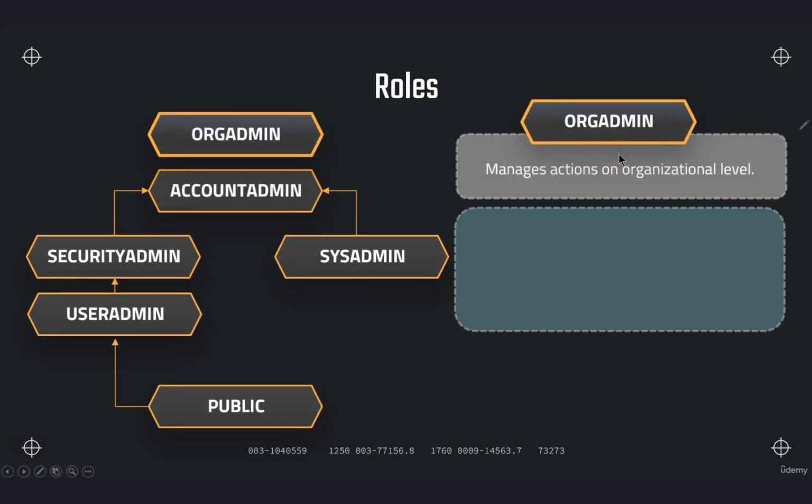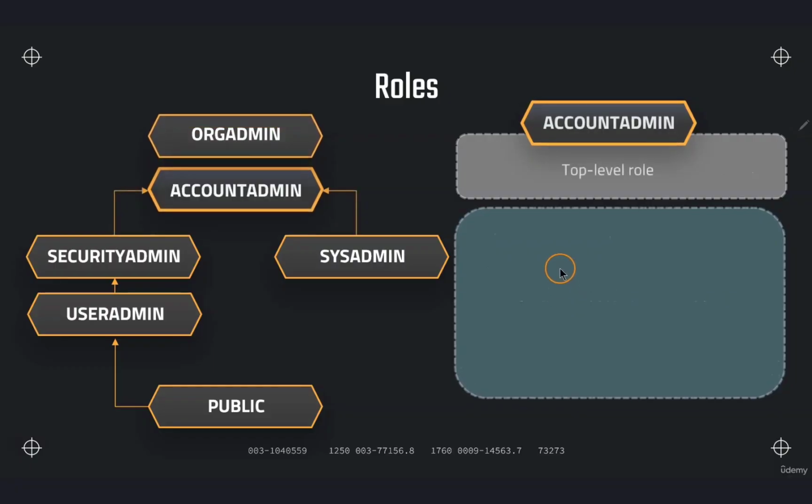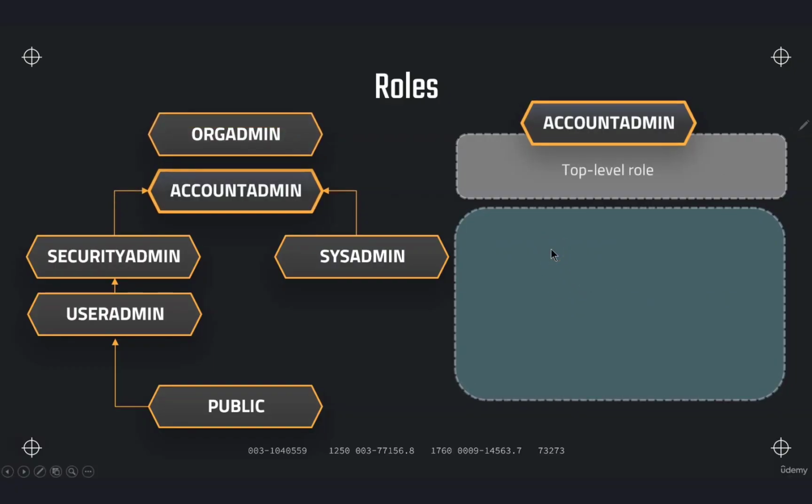So this is something that you might notice, and this is basically managing actions on an organizational level. So if you have multiple accounts, this is the role that can create additional accounts. We talk also about reader accounts and so on. So this is something that can be done for the org admin, those organizational level actions, and this is therefore a little bit outside of the hierarchy.